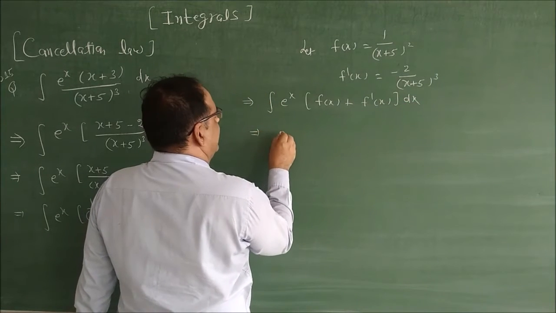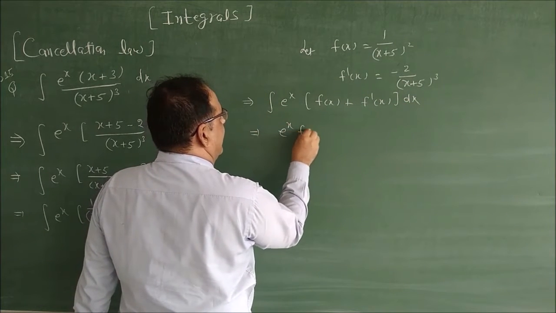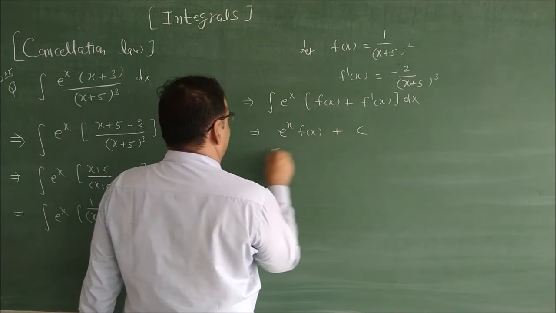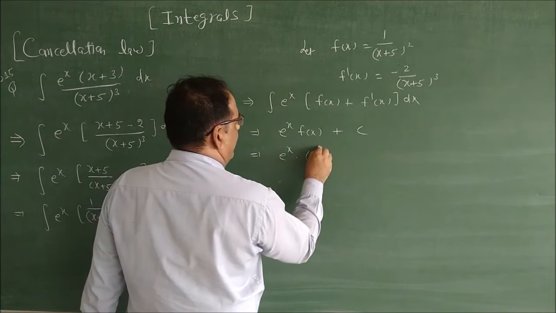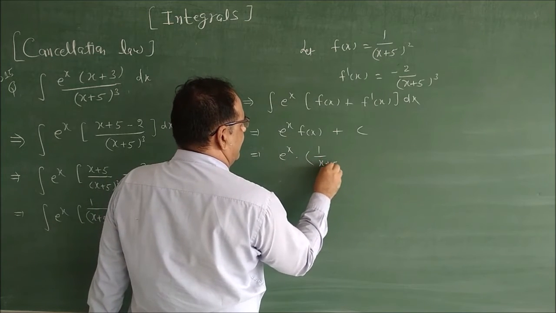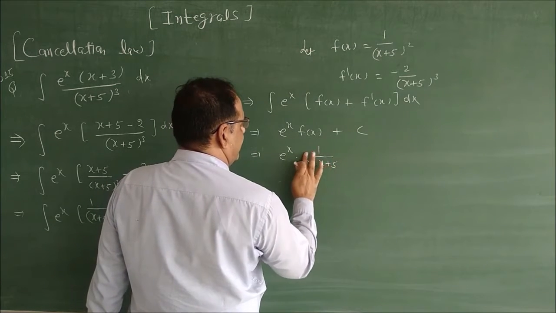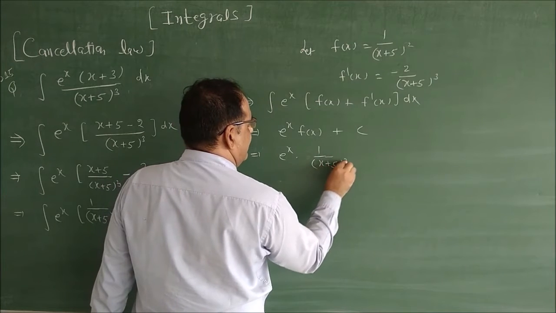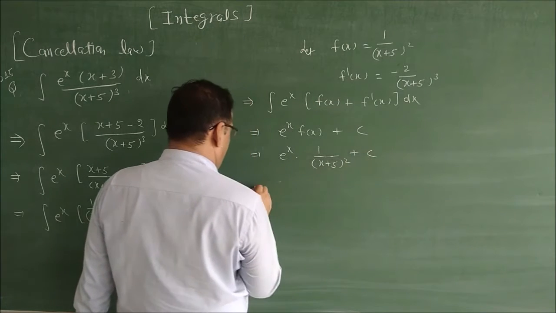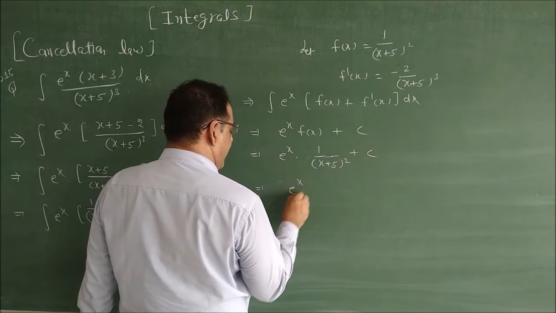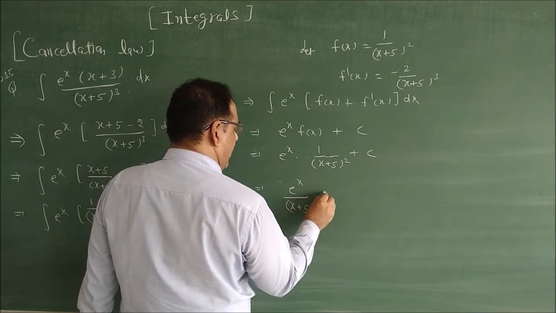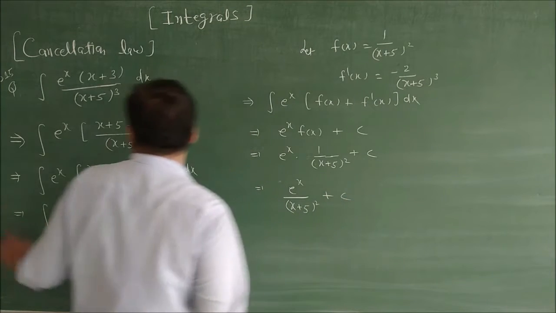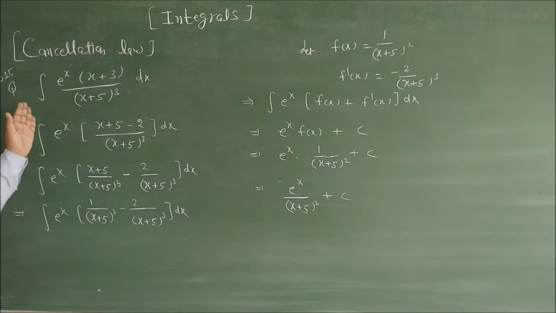So the integration becomes e to the power x f(x) plus c. What is the value of f(x) here? We assumed 1 upon (x plus 5) whole square, so the answer is e to the power x upon (x plus 5) whole square plus c. So this is an important question based on the cancellation law.